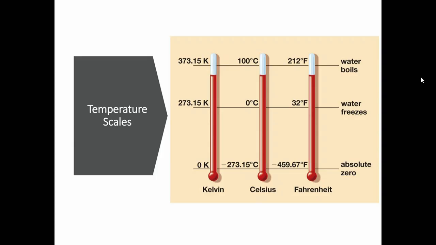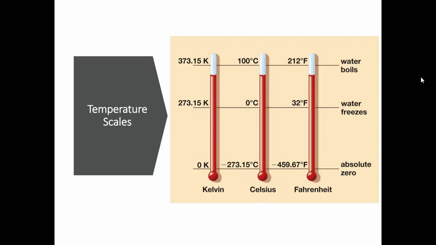So what if instead we picked something that was not arbitrary at all and set that as our 0 point? So that's what Kelvin did, and that's what the Kelvin scale is. We said that temperature is the average kinetic energy of particles moving.